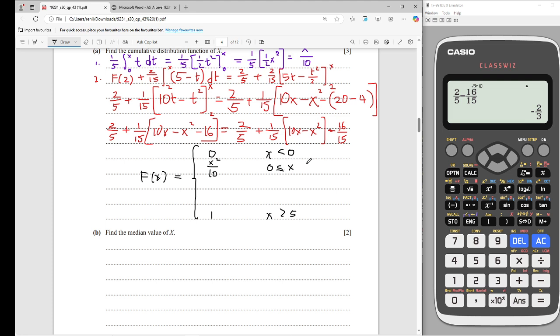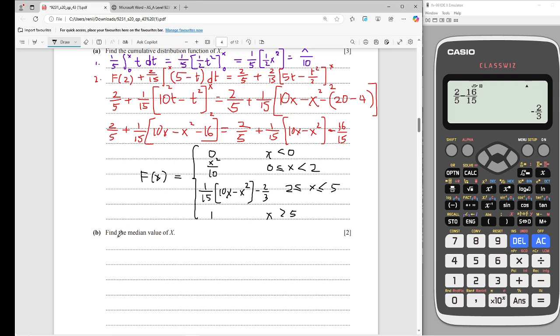But ensure that our inequality symbols remain the same. We cannot afford such silly mistakes. Next up, we can have 1 by 15, which is factorized. You have here 10x minus x squared minus 2 by 3. And we have values from 2 to 5. And this sums up CDF.